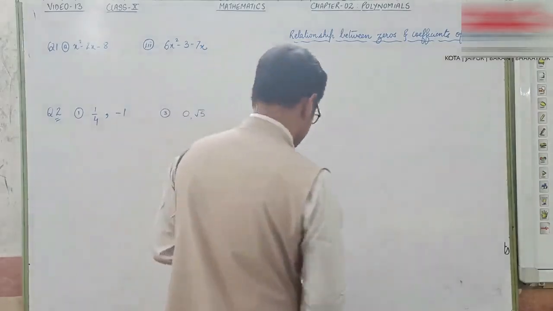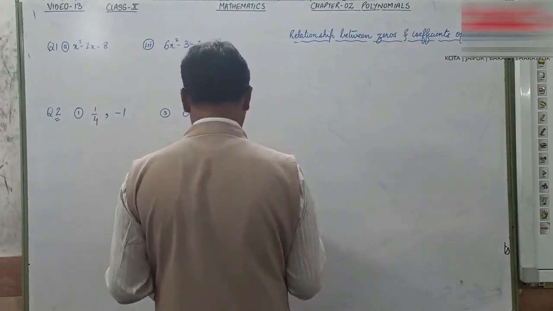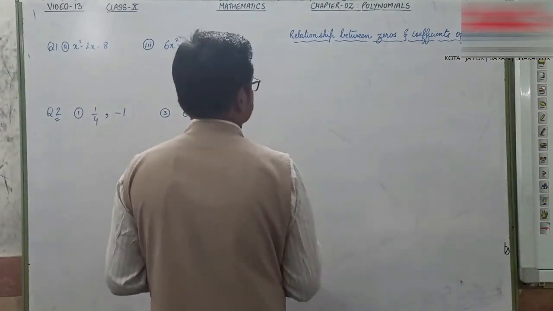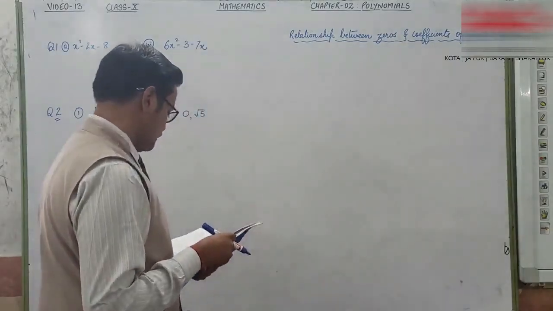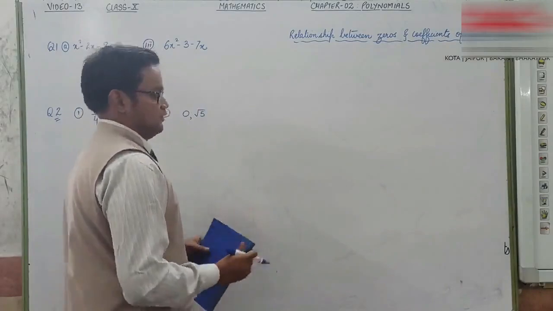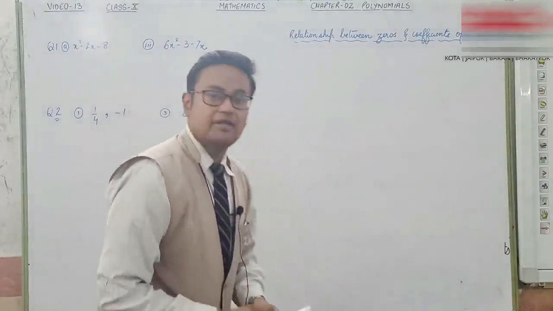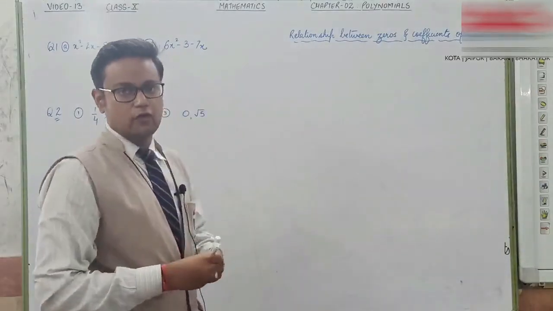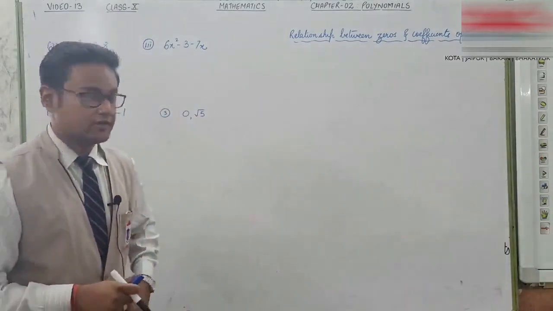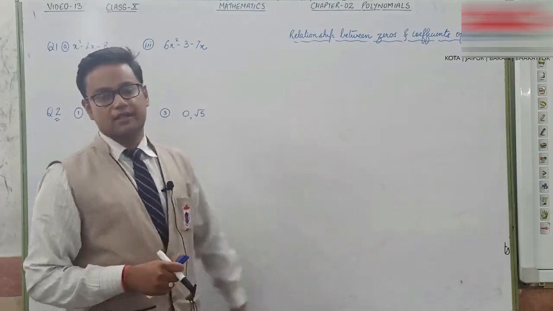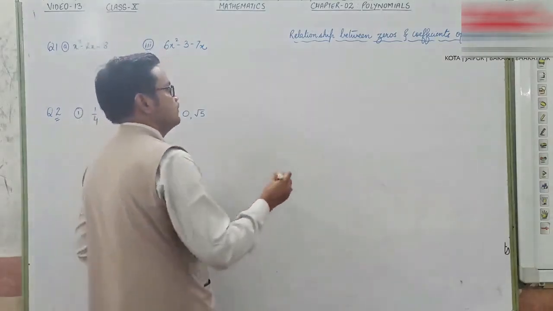Now let us move towards a new topic, which is the relationship between the zeros and the coefficients of the polynomial. If you remember, children, we are talking about a quadratic polynomial, because in the syllabus you have been confined to learning only linear and quadratic polynomials.